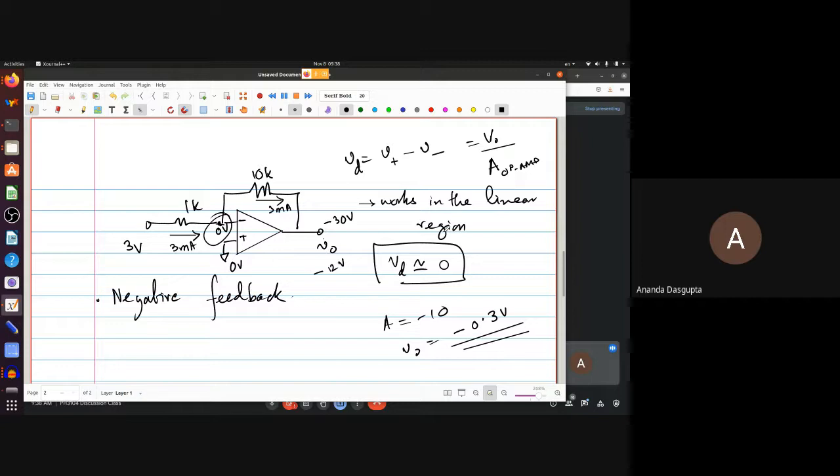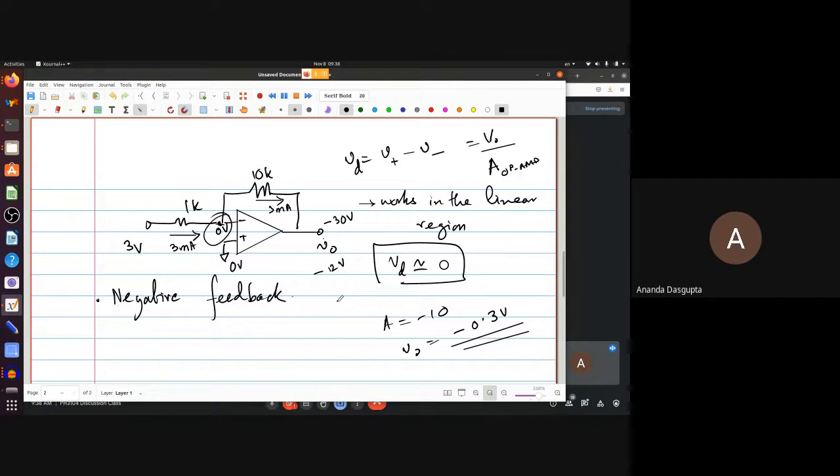But the op-amp can go to the nonlinear region where the output saturates, either at plus 12 or minus 12 volts. And if you start from the assumption that the op-amp is in the linear region, you end up with a result which says that the op-amp cannot be in the linear region because the output is too big. So you have a contradiction.